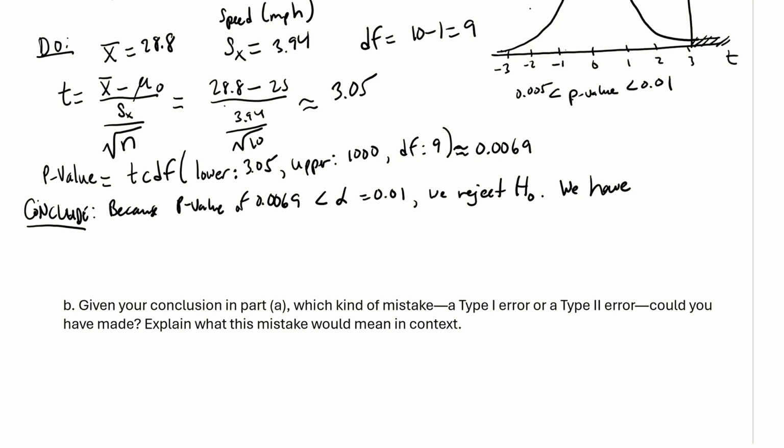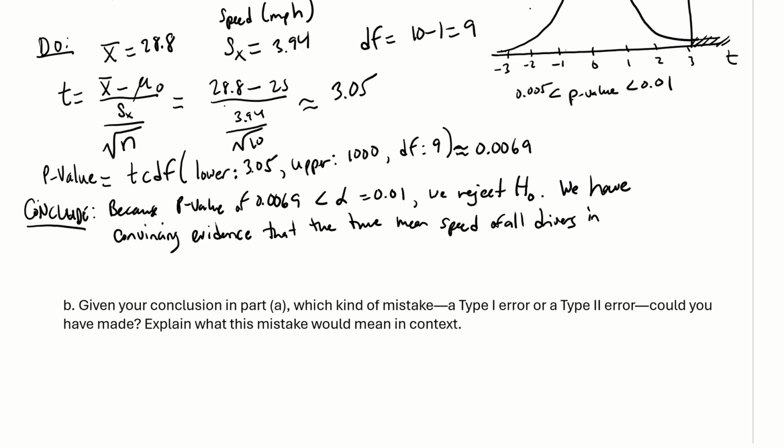We have convincing evidence that the true mean speed of all drivers in the construction zone is greater than 25 miles per hour.